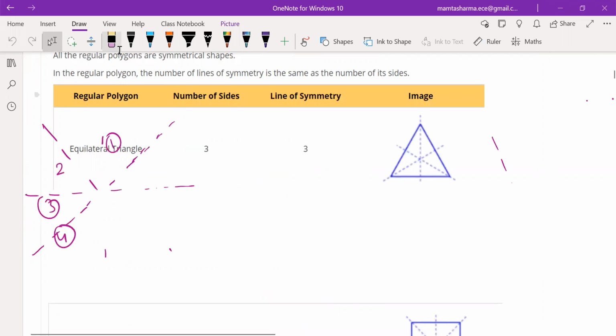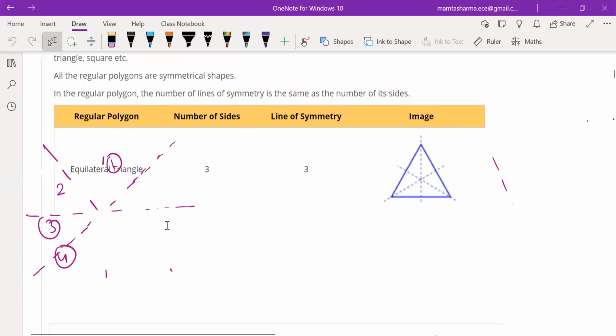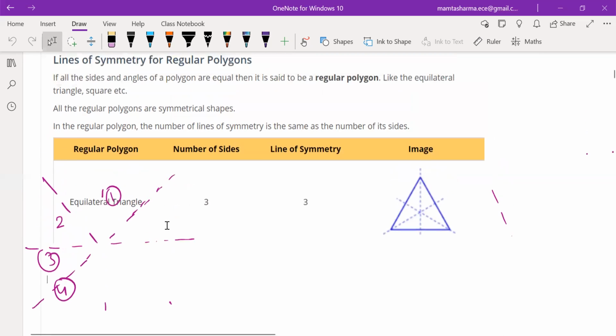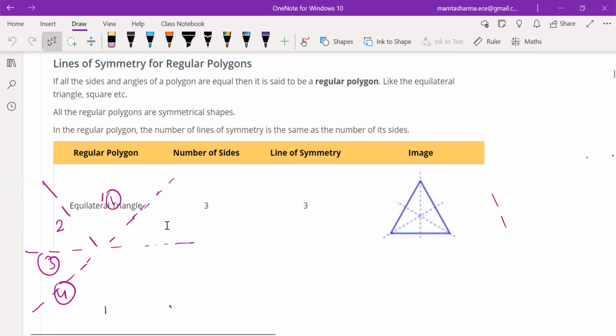How would you prove it? See, a regular polygon is a polygon which has equal sides and equal angles. The polygon which has equal angles and equal sides is called a regular polygon.